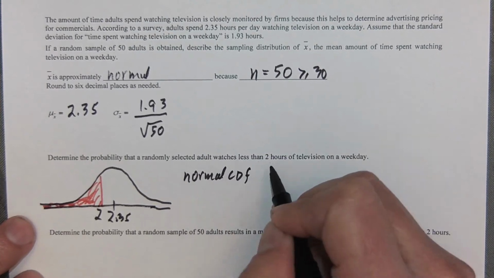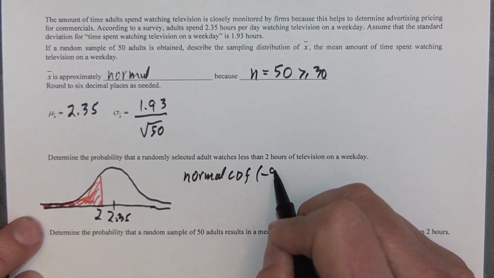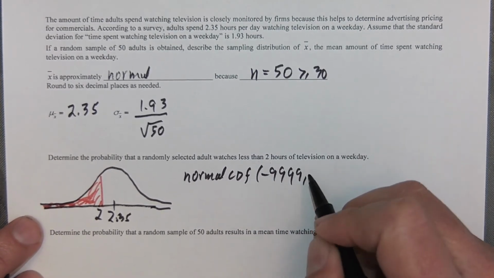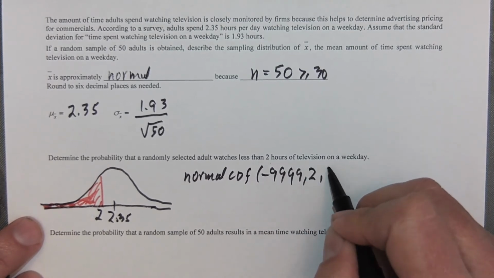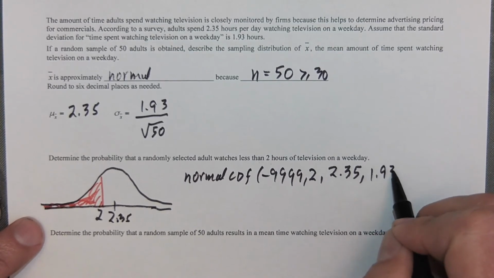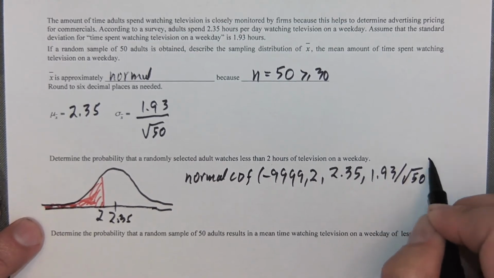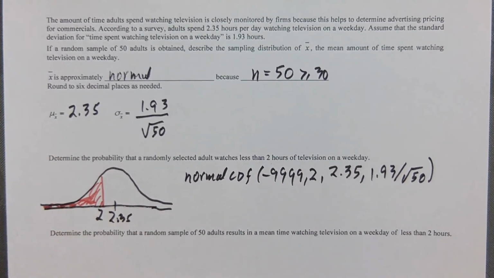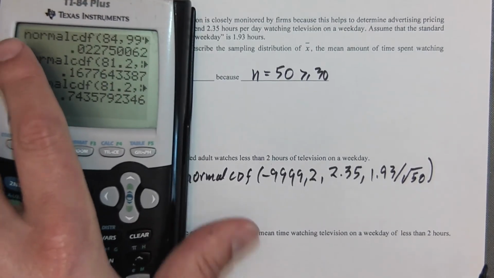Normal CDF. Lower bound of negative 99999. Upper bound of 2 with a mean of 2.35. And the standard deviation is 1.93 divided by root 50 because we have a sample. And I want to show you, you can put this directly into the calculator as is.